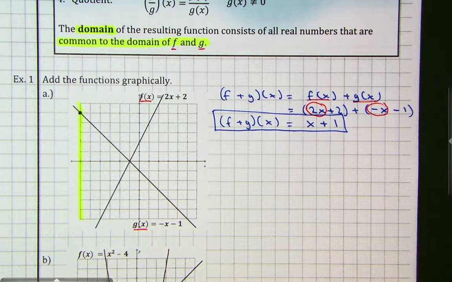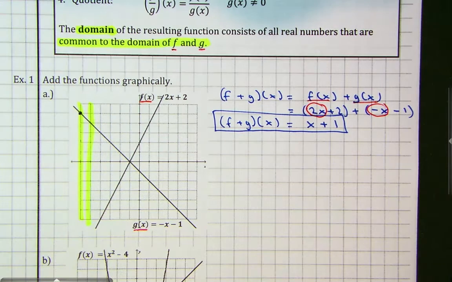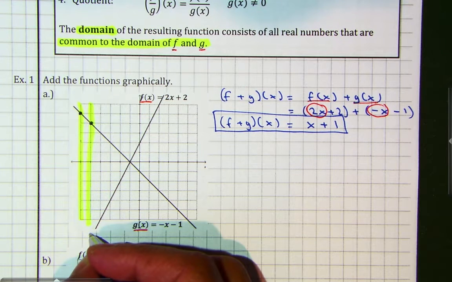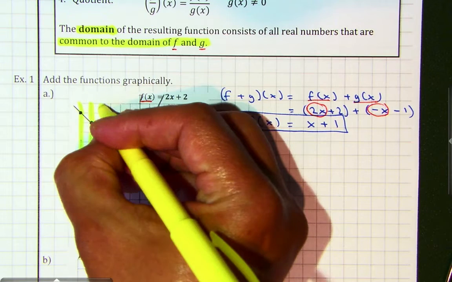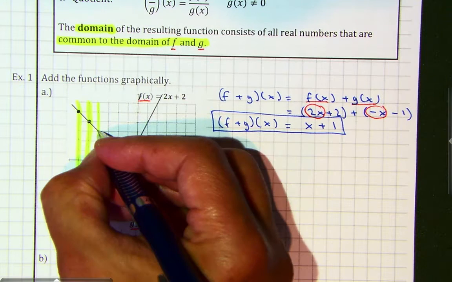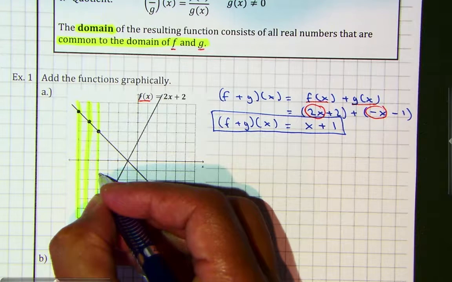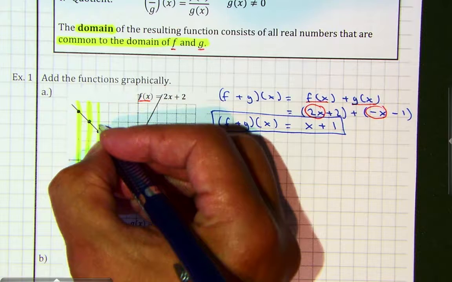Then for the next one, at negative 5, the y value is 4, but I'm not too sure where the y value is here for f of x. For the next graph, the y value is 3, and the y value for the other function, we do see it: negative 1, negative 2, negative 3, negative 4, negative 5, negative 6, and this is 3.